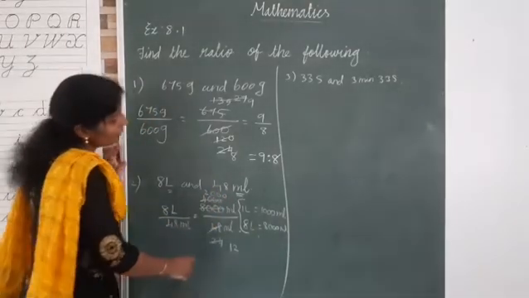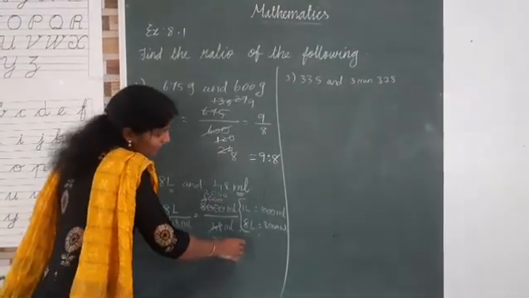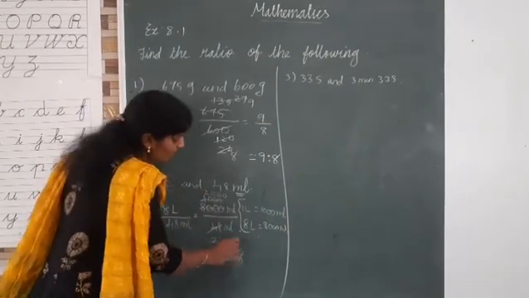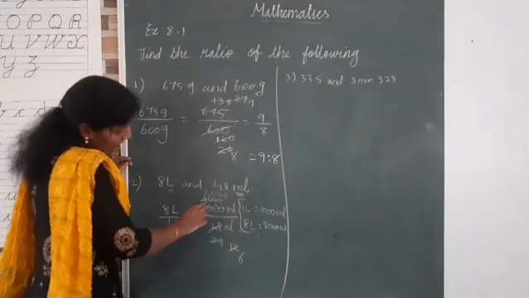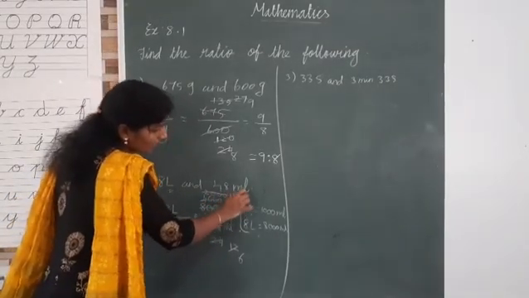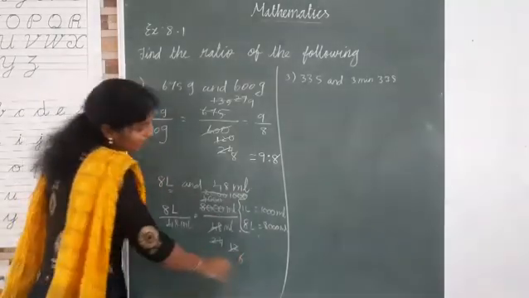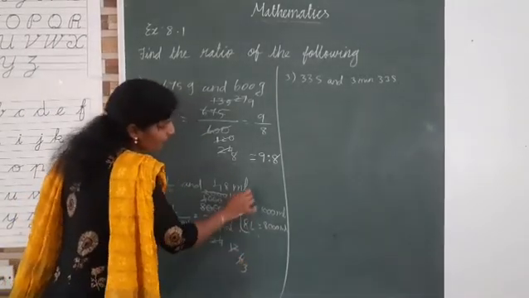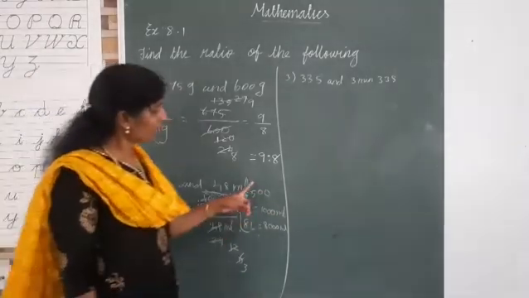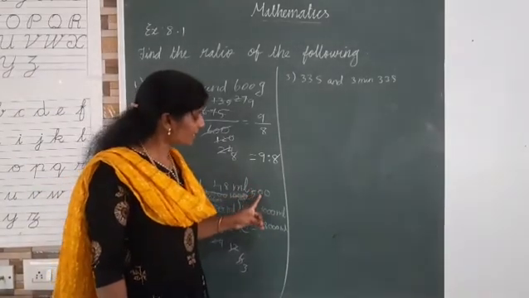So we can use the 3 table. 3 table means 6 3s are 18, again we can use the 2 table, 6 2s are 12. Here 1 2 is 2, 0 0 0, isn't it? Then 3 2s are 6, 5 2s are 10, 0 0.